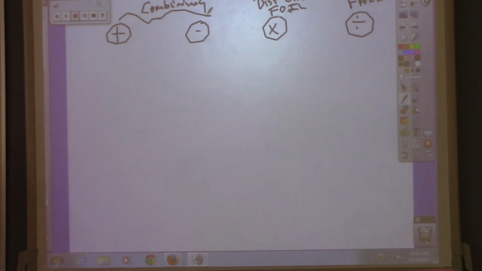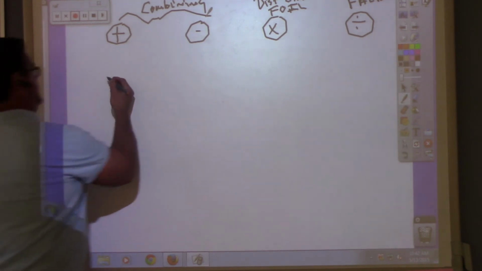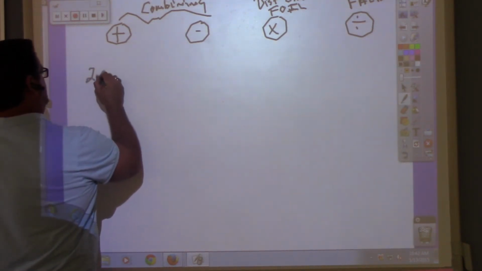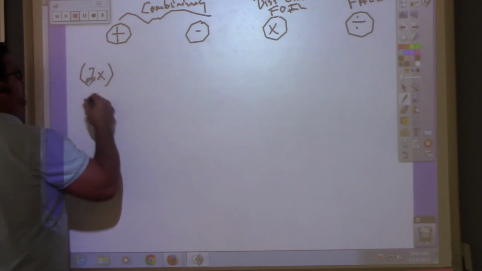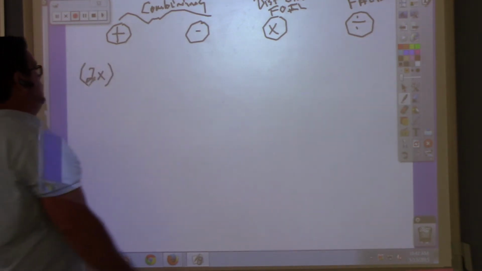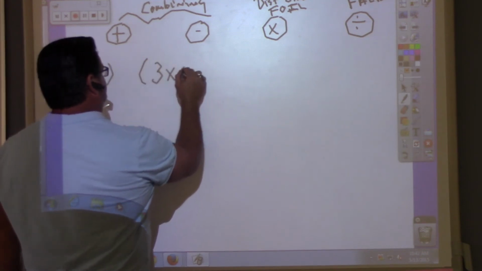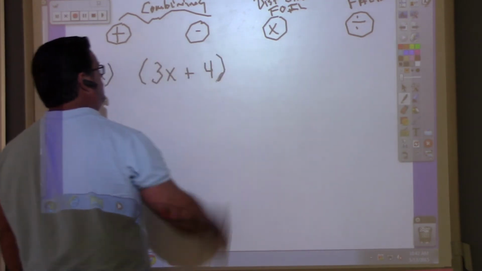So let's take a monomial times, let's say that we've got 2x. There's our monomial, and we're going to combine it with 3x plus 4.